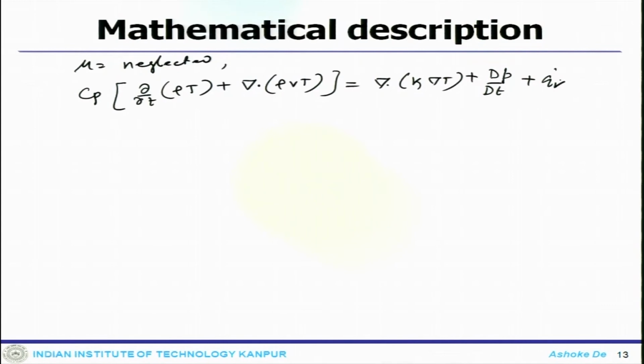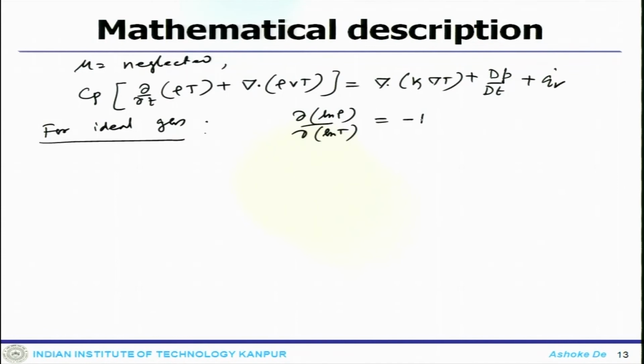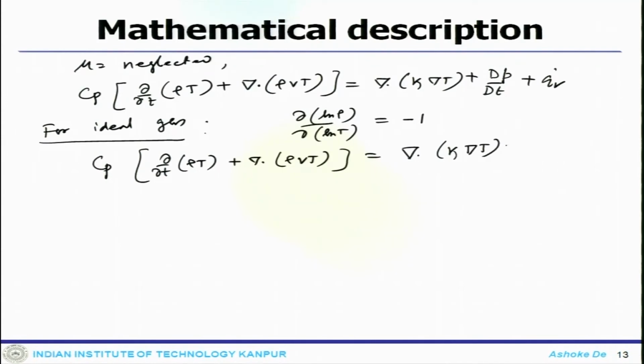In a nutshell, for an ideal gas, this term del ln rho by del ln T is minus 1, and the energy equation becomes Cp del/del t of rho T plus del dot rho V T equals del dot kappa del T plus dP/dt plus lambda psi plus mu phi plus q dot V.